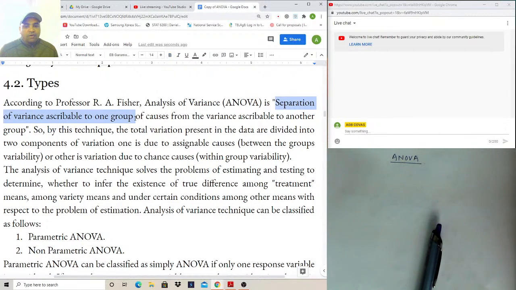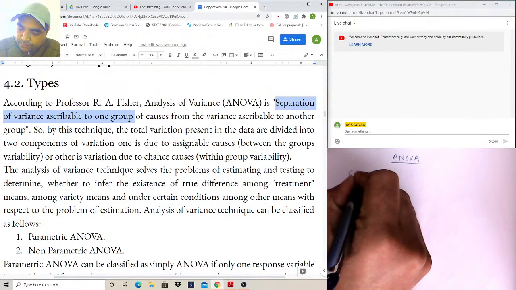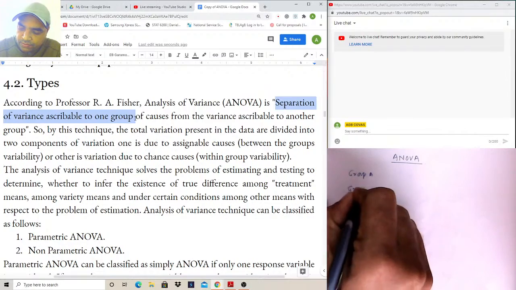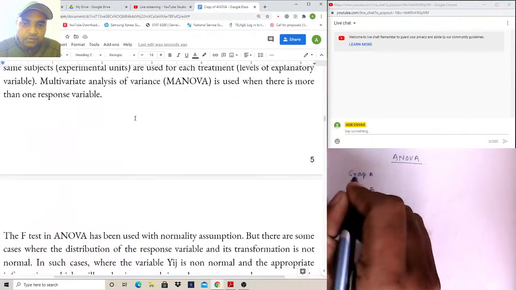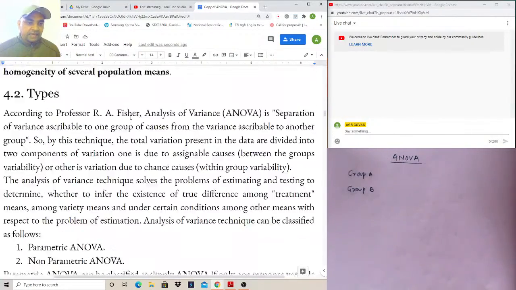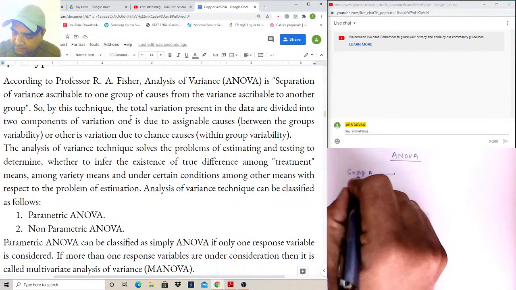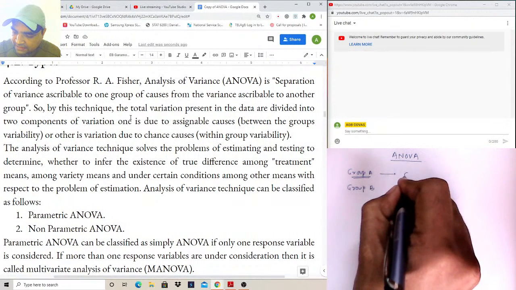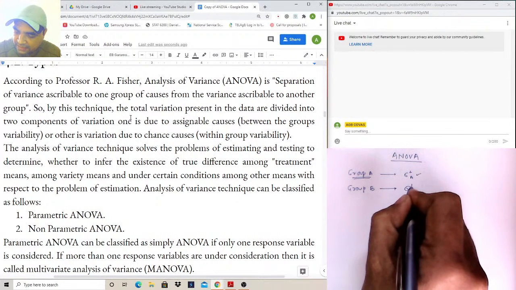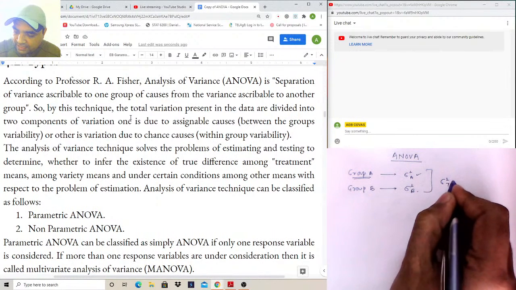For example, we have group A and we have group B. By this analysis of variance technique, you can ascribe how much of the variance is due to A and how much is due to B out of the total variance.